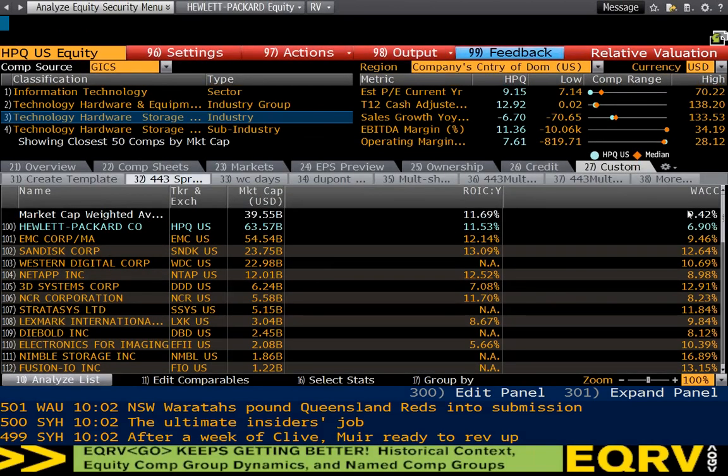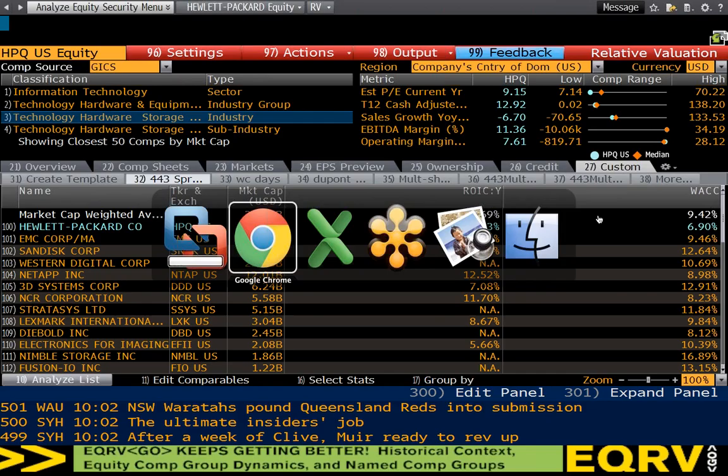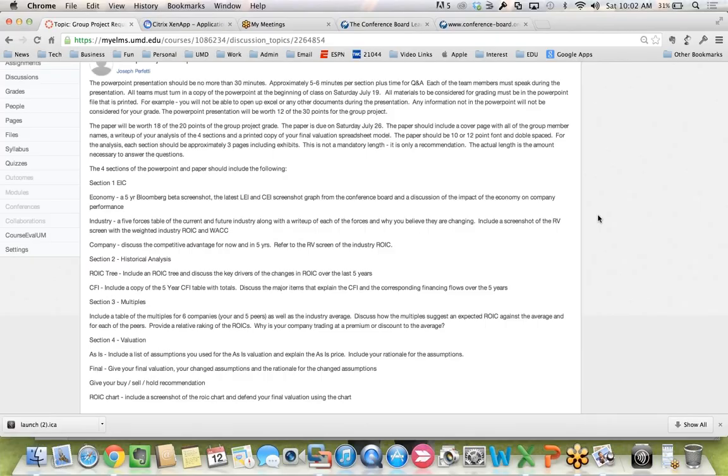So there's the industry ROIC, industry WACC. So that should support your 5 forces for the current, and then you need to basically put in the 5 forces table, and then you'll be discussing why you scored the 5 forces, what you did today, and why you think they're going to change, if you do think they're going to change, over a 5-year point of time.